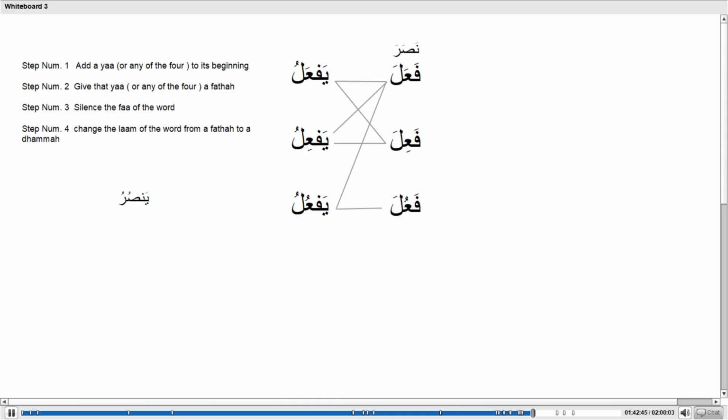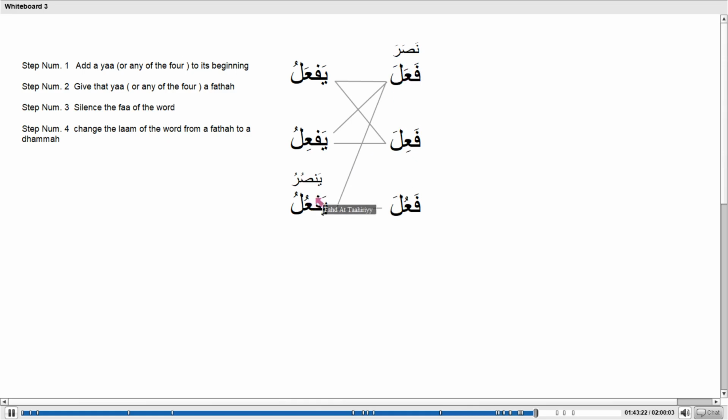Now nasara is on the scale of fa'ala. Yansuru is on the scale of yaf'ulu. يعني nasara, its mudari' is only on this scale, on the third one, the third combination. Okay? So we say here that nasara belongs to this chapter, the chapter fa'ala, which comes with yaf'ulu.